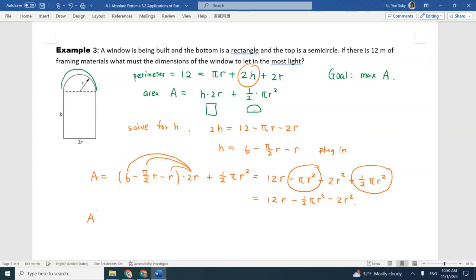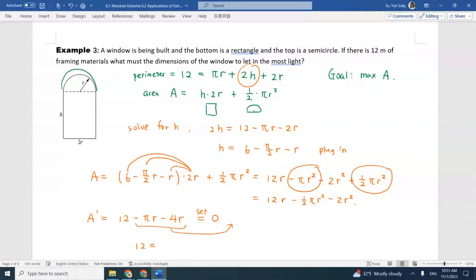Okay, let's also differentiate it. We take the derivative. What's the derivative of 12r? 12. And then next, pi r, no square, right? Yes. And minus 4r. Right, everybody? This is the derivative. We set this equal to 0 and we solve for r. These two terms have r.